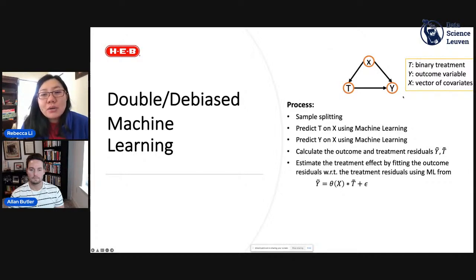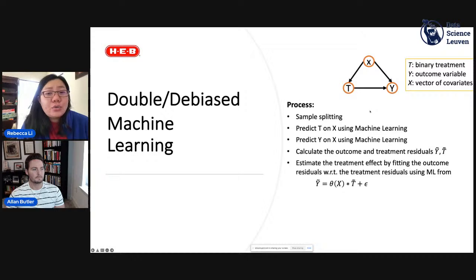If we want to model the outcome Y out of X and T directly, we can do it, but the estimated effect for the treatment will be biased because covariate X also impacts T. So we have to debias it. We have to take away the effect coming from X, and DML can help us do it.